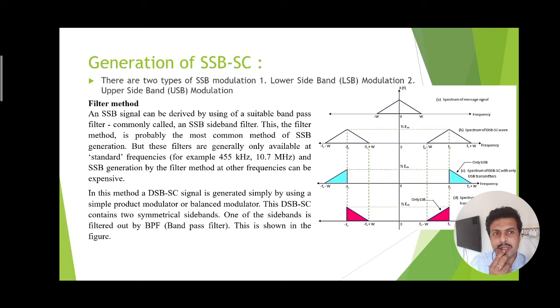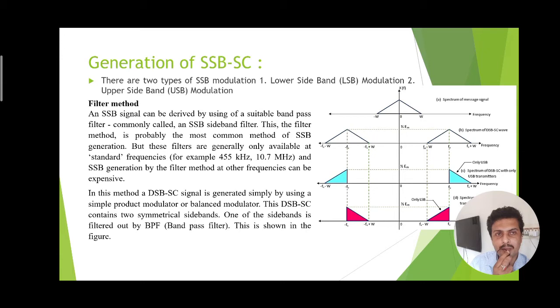So for the generation of SSB-SC, we can explain the generation procedure from these spectral characteristics, in which the first spectrum at the top shows the spectrum of the message signal, which is limited to the frequency W Hz. That means the message signal is band limited by some highest frequency component, which is W Hz.